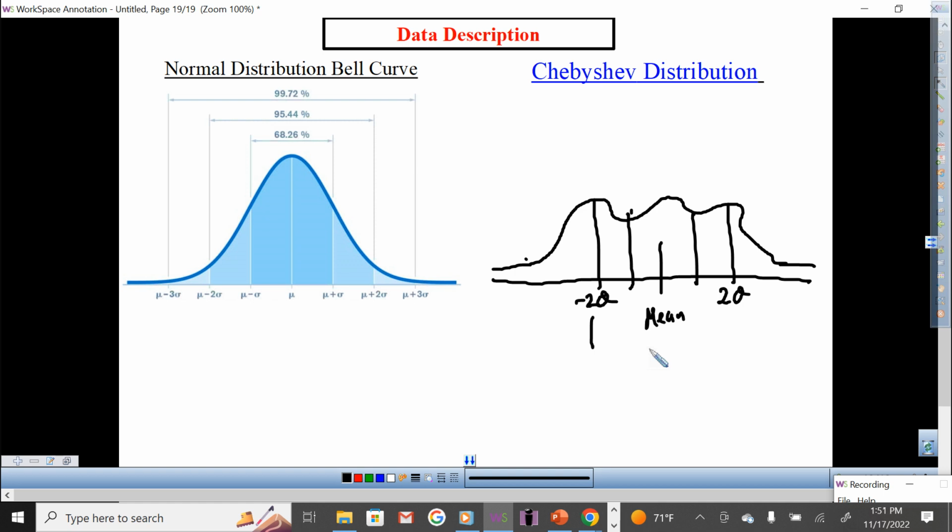And he says that his percentage from here to here is 75%. The third standard deviation, he says for him, it's 88.89%.